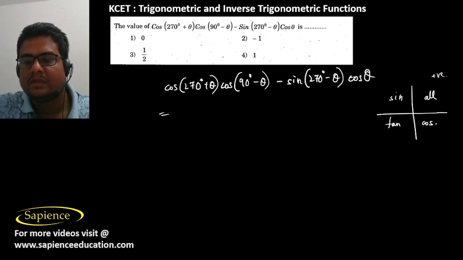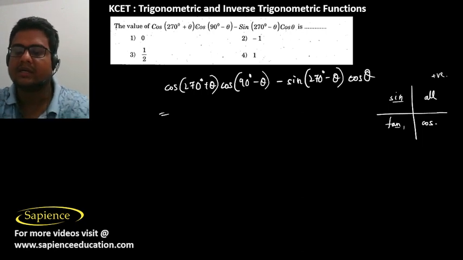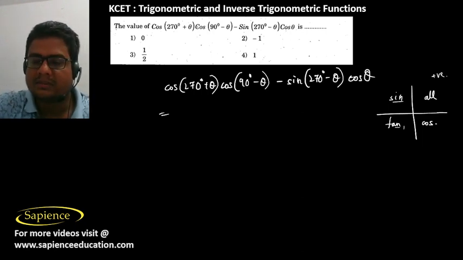If the angle is in the second quadrant, then only sine and cosec have positive values and all the remaining have negative values. Similarly, in the third quadrant, only tan and cot have positive values and all the remaining have negative values. And in the fourth quadrant, only cos and sec have positive values and all the remaining have negative values.